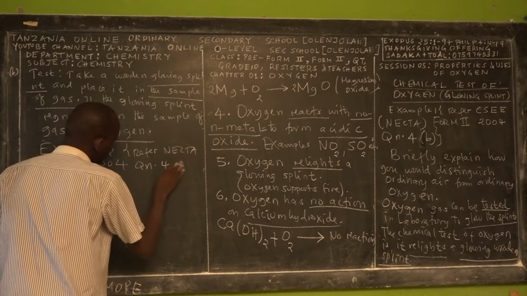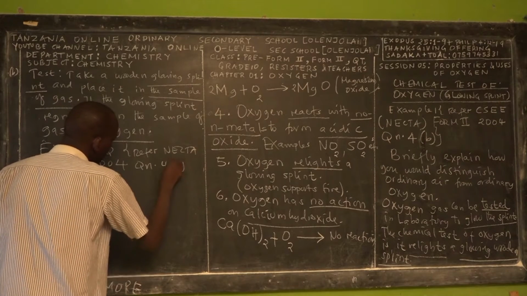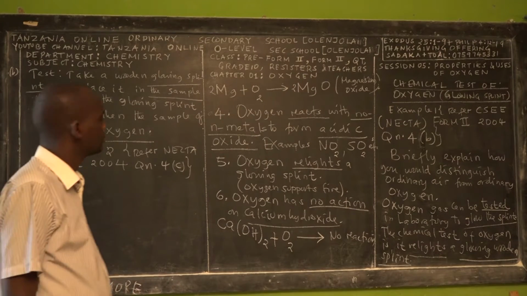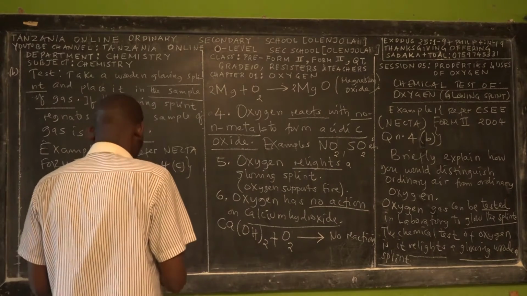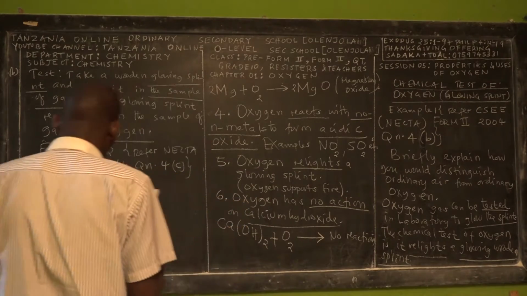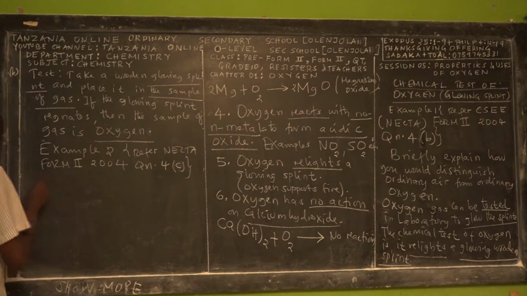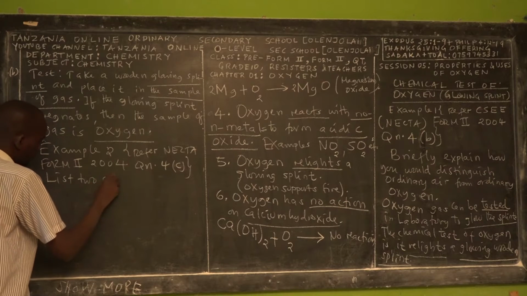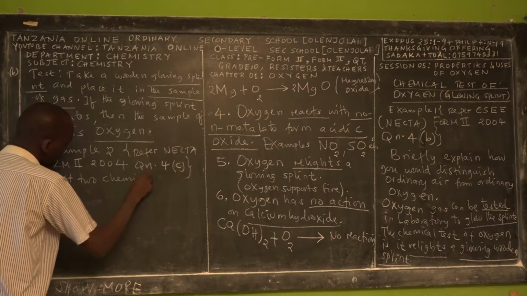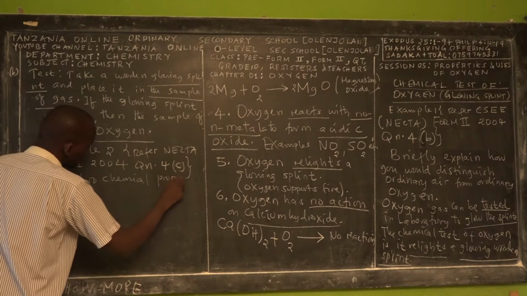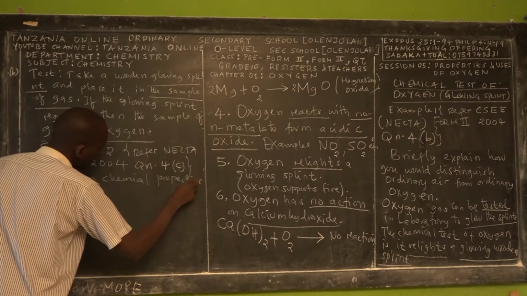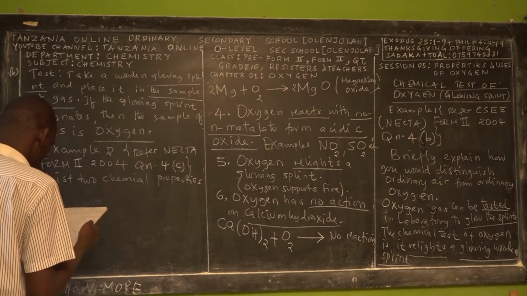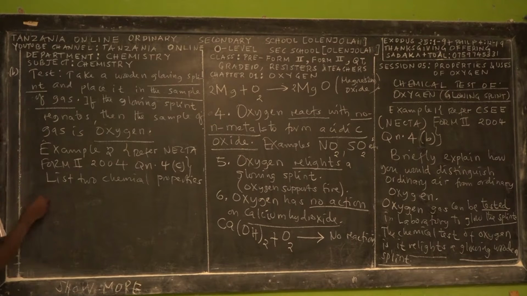Question 4C actually tests your understanding of the concept that I have taught you. The question asks you to list the 2 chemical properties of oxygen gas.